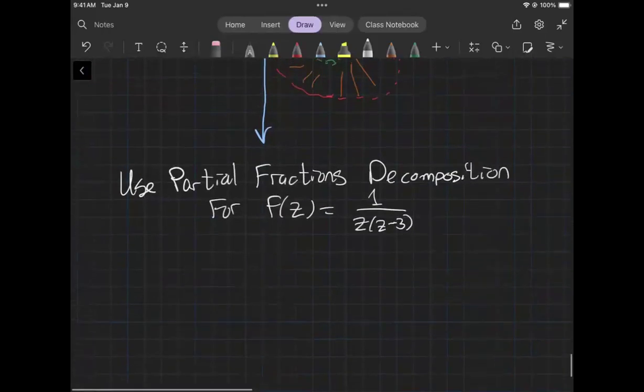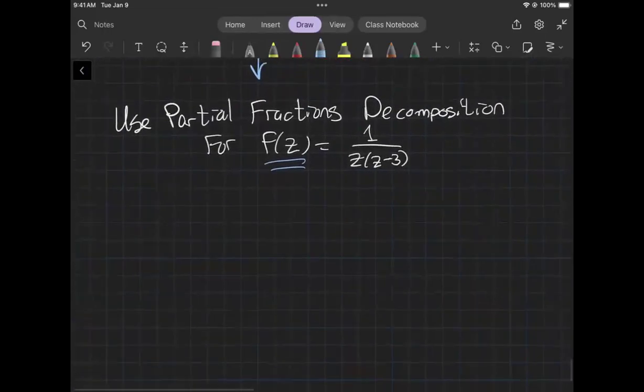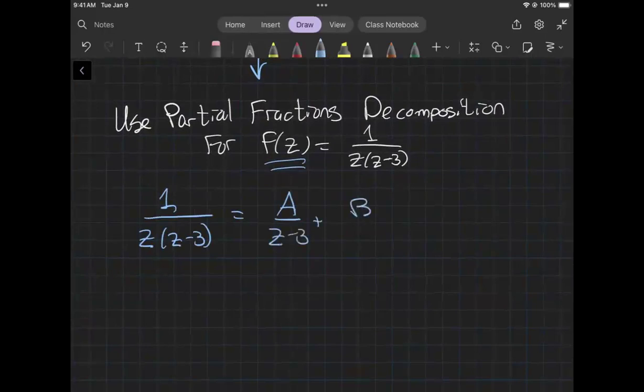Actually that's not important, but we're going to use partial fractions decomposition to re-express what f of z is as a sum. Okay, so by using partial fractions, a over z minus 3 plus b over z, let's say.